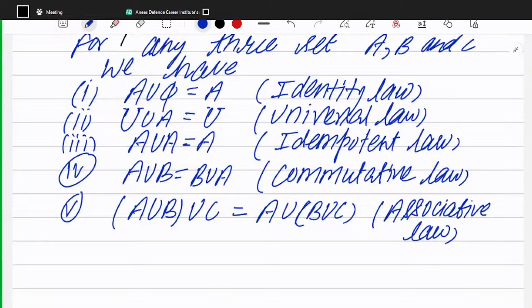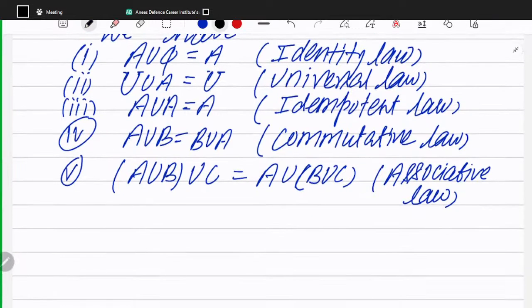Now the next one is intersection of two sets. The next operation is intersection of sets.